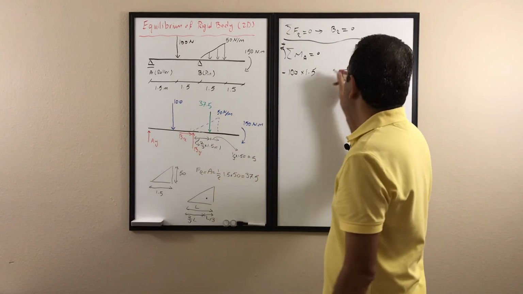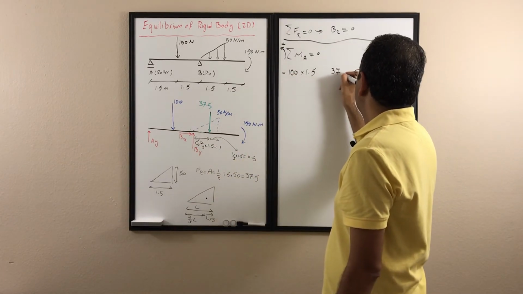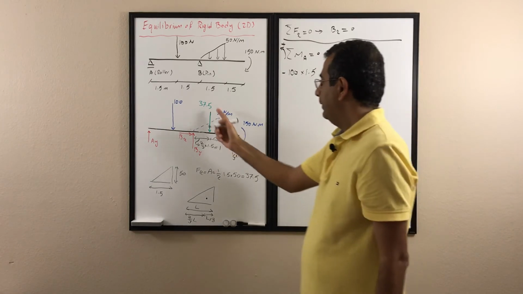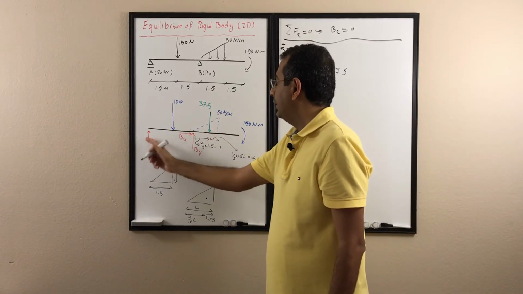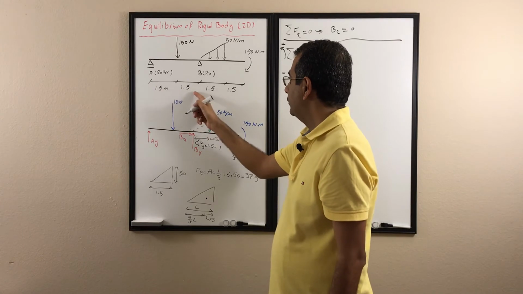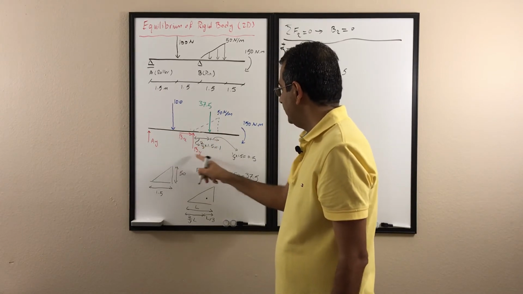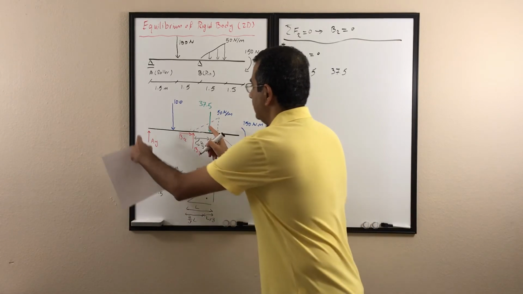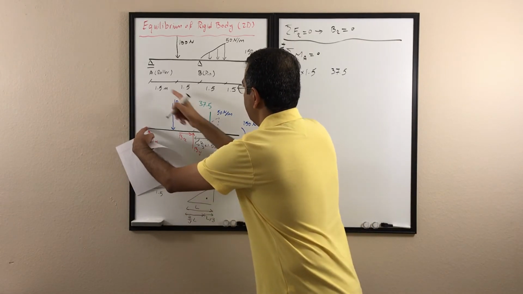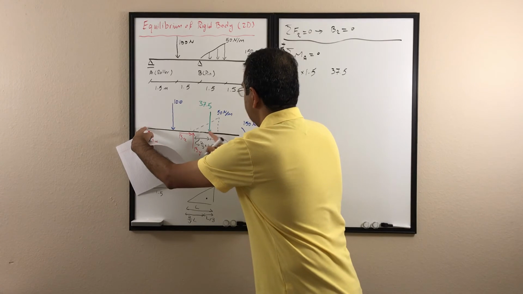Then I have 37.5. And the distance to point A, I have 1.5 here, 1.5 here, and also 1 here. So the total distance from here to here is going to be 4: 1.5, 1.5 plus 1.